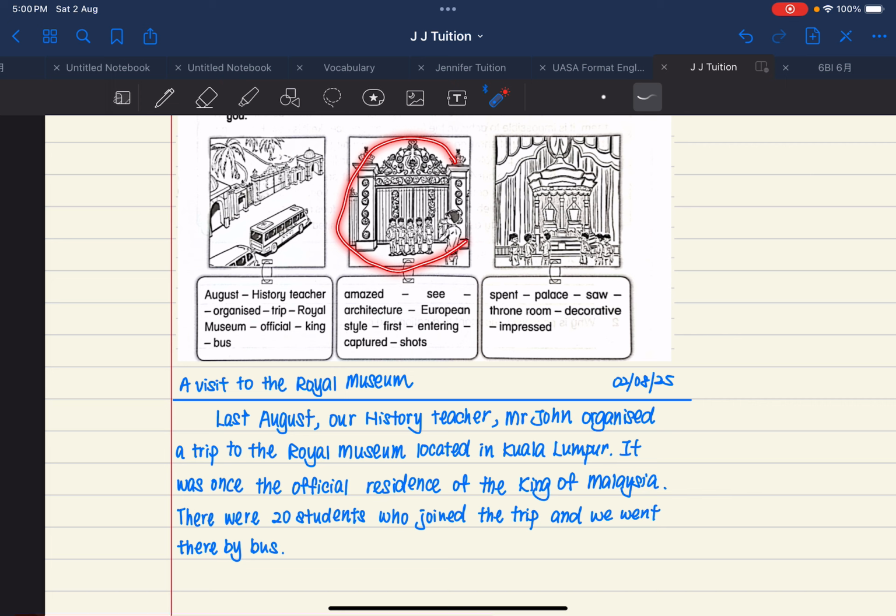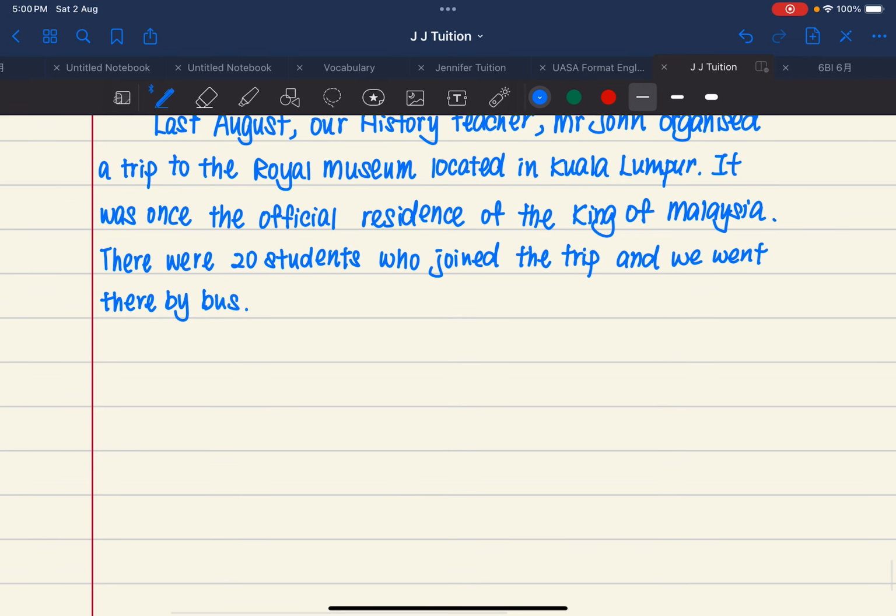The palace is very big, so we can write down at the entrance. We see the entrance. So we can see that here has a very unique architecture. So this is the architecture of the palace. Okay, so we can write down at the entrance, we were amazed.